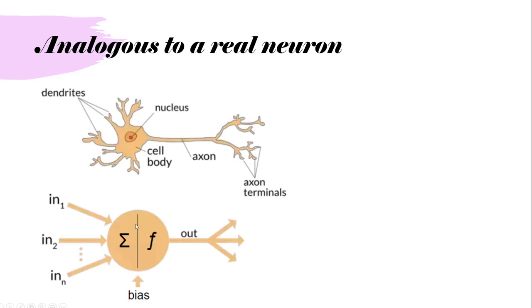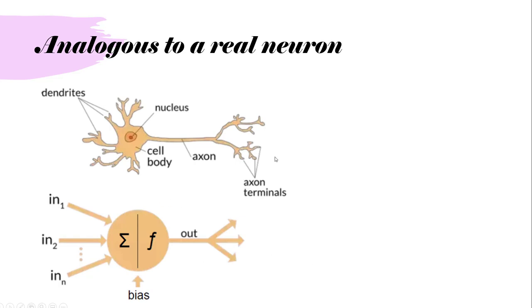And the computer scientists have constructed something that is based on this. It obviously doesn't have electrochemistry or an action potential. It's using pure mathematics. So there's some inputs, there's a summation function, and then there's an output.